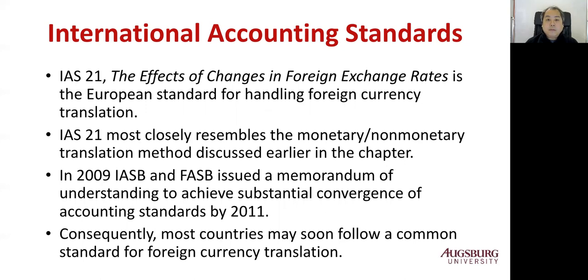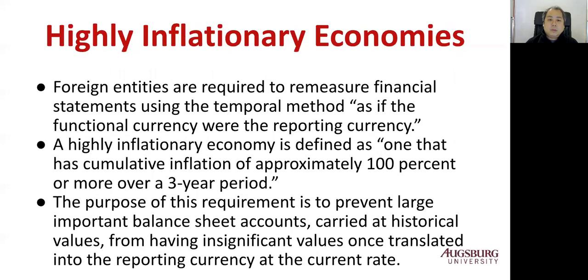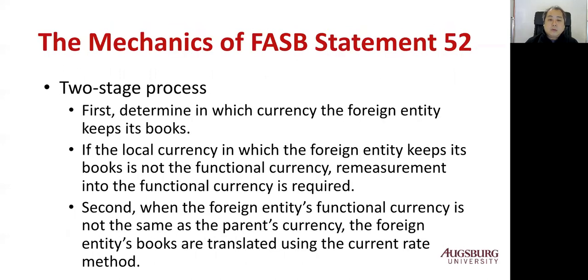So you have to follow the rules as far as the country requires, either US GAAP or IFRS. And mostly FASB Statement 52 says you basically have to use the current rate method, which means you use the current rate.